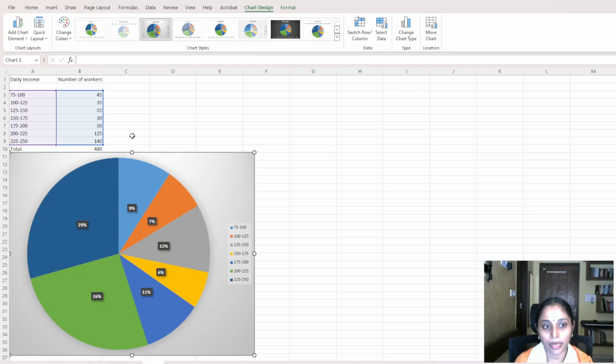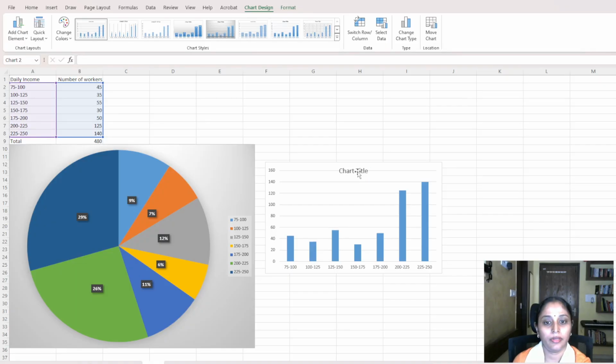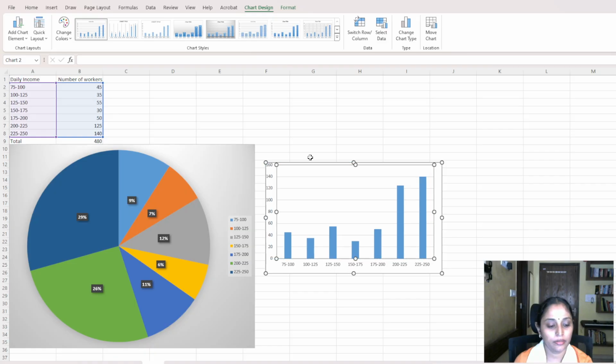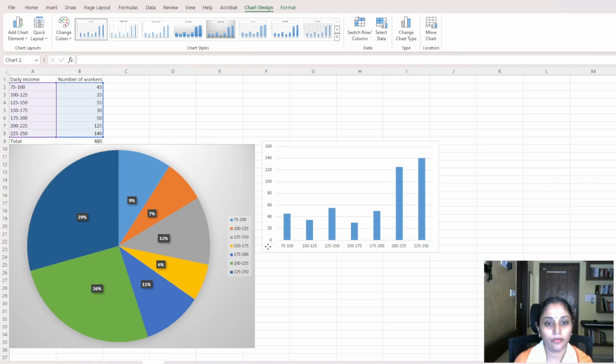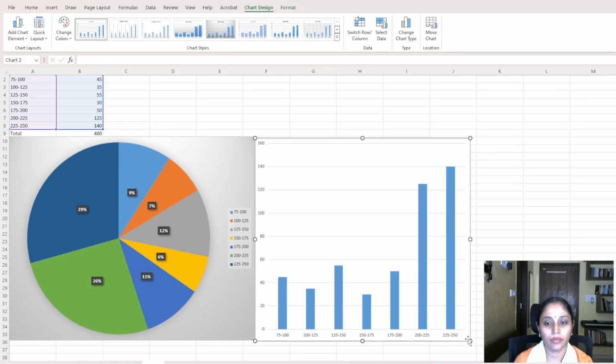So let us look at a bar graph also for this. I'm going to select the data one more time and insert a bar graph, right? Can you see this? So this is my bar graph for the same data. Here you can see that the maximum height of the bar is for 225 to 250.